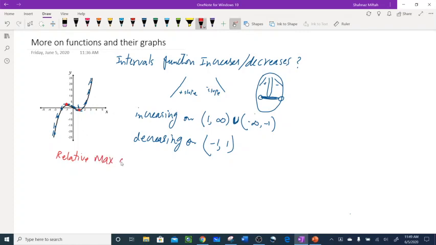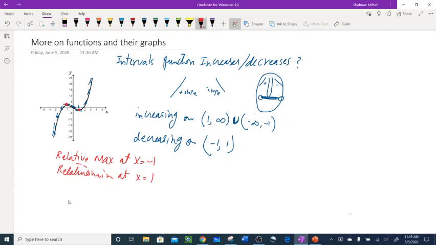The relative max is at x equal to -1, and the relative minimum is at x equal to +1.